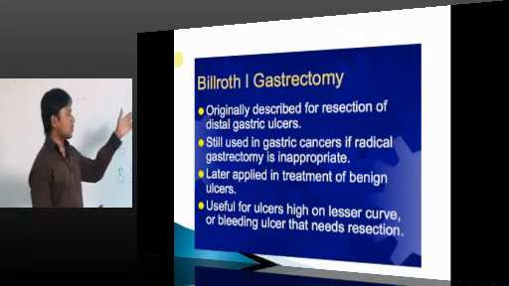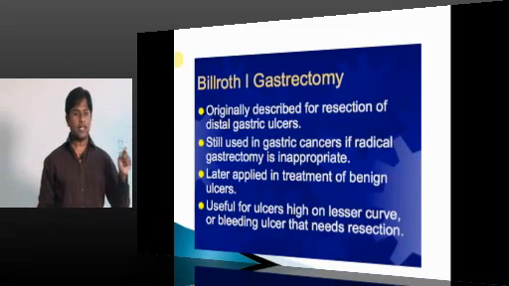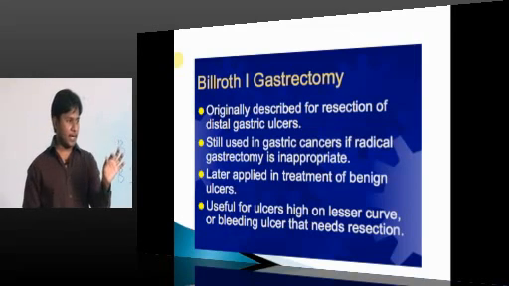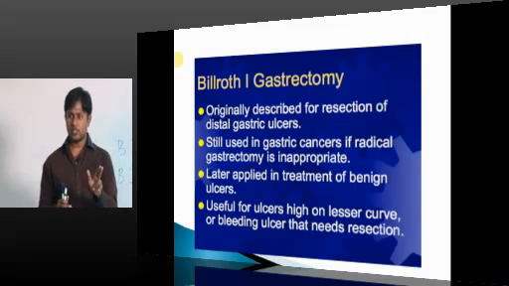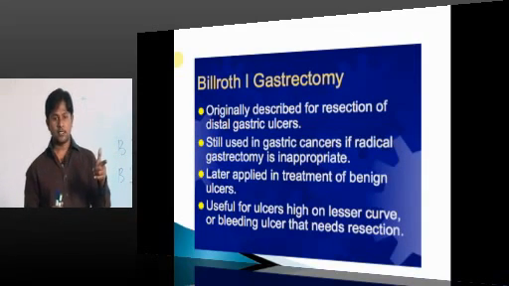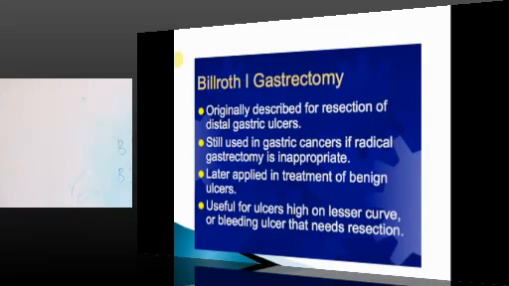So go with Billroth type 2. Billroth type 1, when the ulcer is safe, small, you want to remove the ulcer and the antrum, just anastomosis. Billroth type 2 is when the ulcer is large and there is a risk of malignancy in the ulcer. Go for Billroth type 2. Okay.